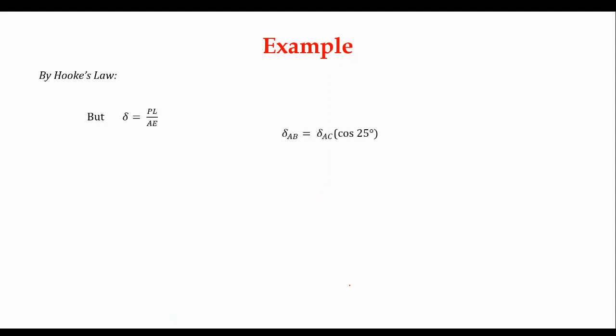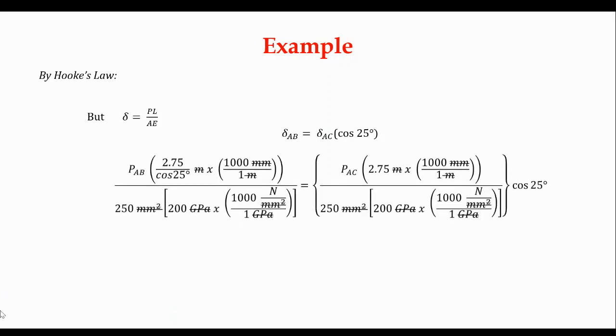So, if delta AB is equal to delta AC cos 25, and delta AB is also equal to force AB times length AB over area times elasticity, it is equal to force AC times its length over area times elasticity, and don't forget times cosine 25.